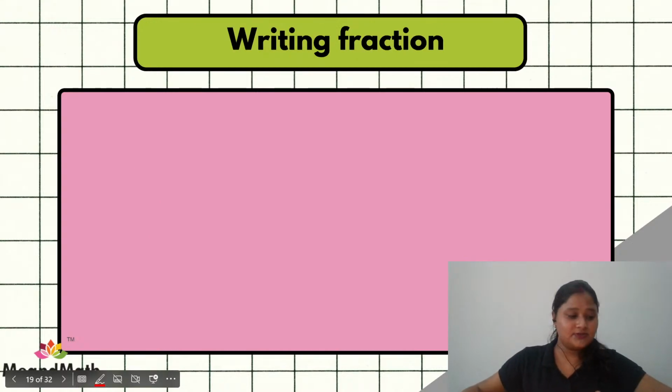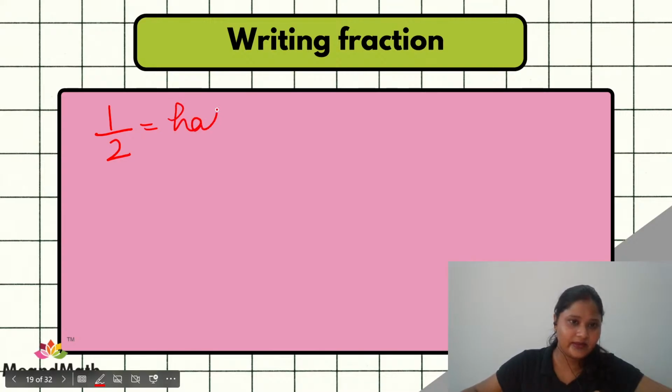Okay, now we are going to see how we write the fraction. So let's take an example of 1/2. You told me 1/2 is also known, in words, as half. Right? Now, there are two numbers written in this. Okay? 1 and 2.